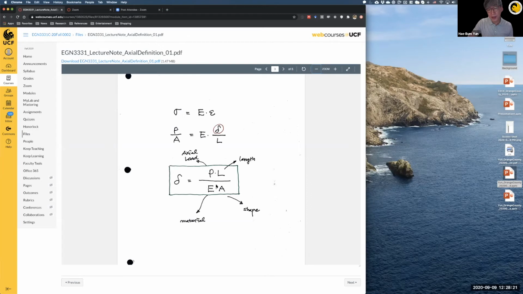And E is a material property of the bar. A is a shape property, okay?